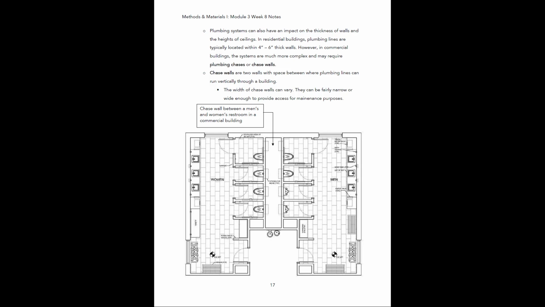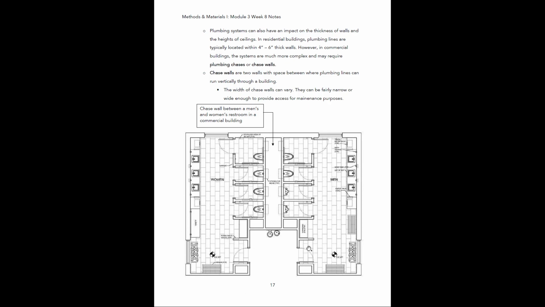A chase is basically a vertical shaft within a building that allows mechanical equipment to run from floor to floor. So a chase wall is going to be 2 walls with a space between them where plumbing lines can run vertically through the building. The width of chase walls can vary, so they can be fairly narrow, or they could be wide enough to provide access for maintenance purposes.